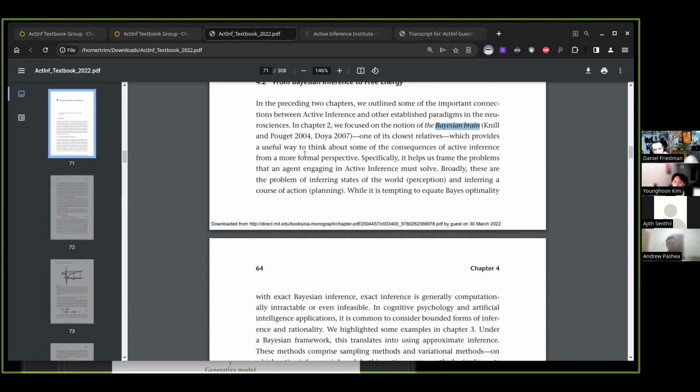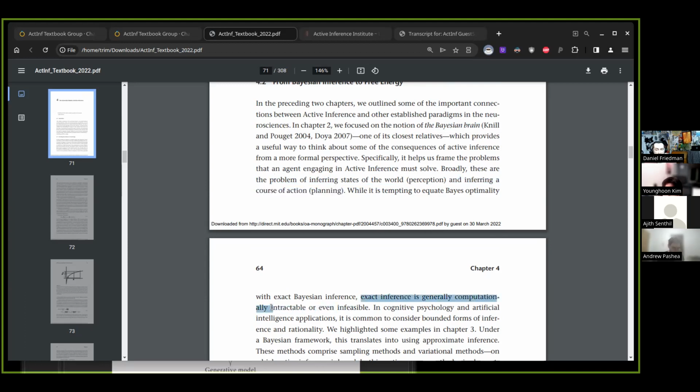Well, the inbound sense-making signal processing side, and then the outbound action selection control theory side. Two operations of the general cybernetic entity, and we can use Bayesian methods there. That's the problem of inferring states of the world: perception, inbound sense making, and inferring the course of action, action selection, outbound planning.